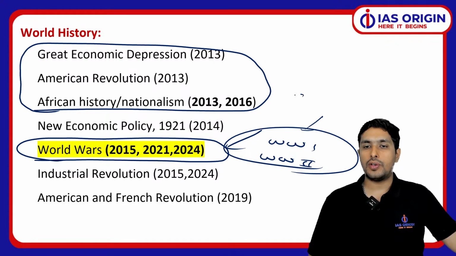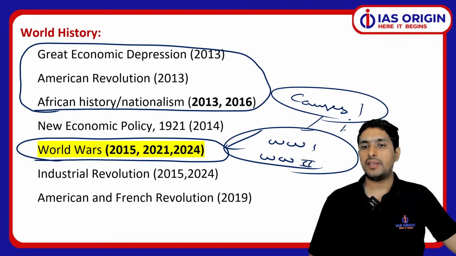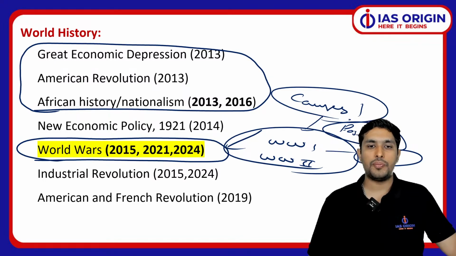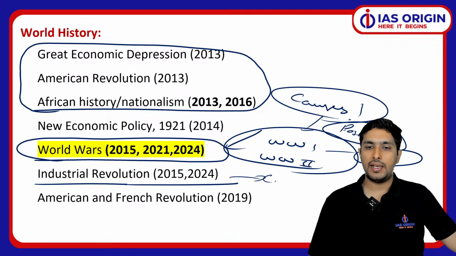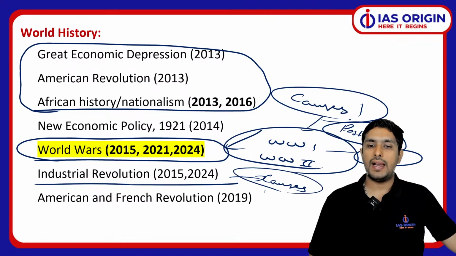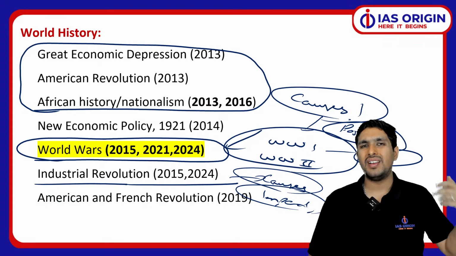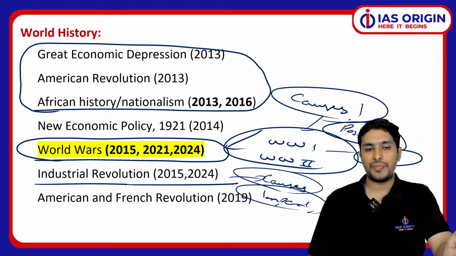You just have to focus on their causes, what caused them, and basically what happened post-war. Like World War I, where we had the Treaty of Versailles, you should know about that. That's going to be important. Then the Industrial Revolution: here also you should know the causes and its impact, especially related to imperialism and colonialism, and how it contributed to colonialism.